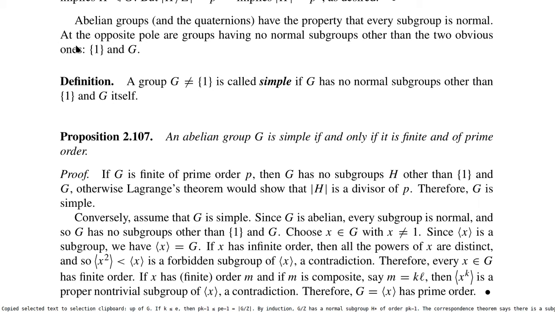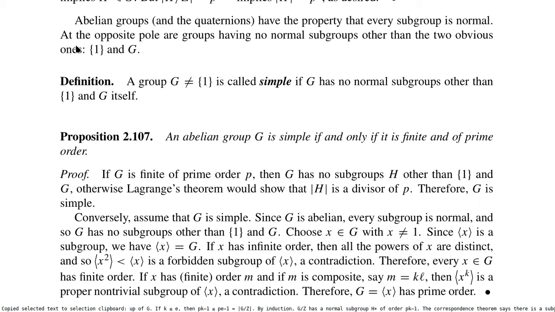So let's see. If G is finite of prime order P, then G has no subgroups H other than the identity and the group itself, because by Lagrange's theorem, you're not going to have any divisor of P. So yeah, that makes sense, that it's going to be simple.